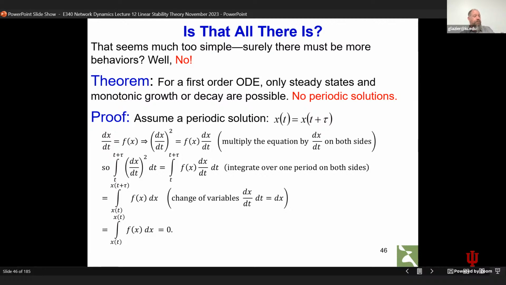So let's multiply the left-hand and the right-hand side by dx by dt. It's actually very similar to the proof that the square root of 2 is irrational. That's why I mentioned it. Okay, so then the left-hand side becomes dx by dt squared. Nothing funny going on there. The right-hand side is f of x times dx by dt.